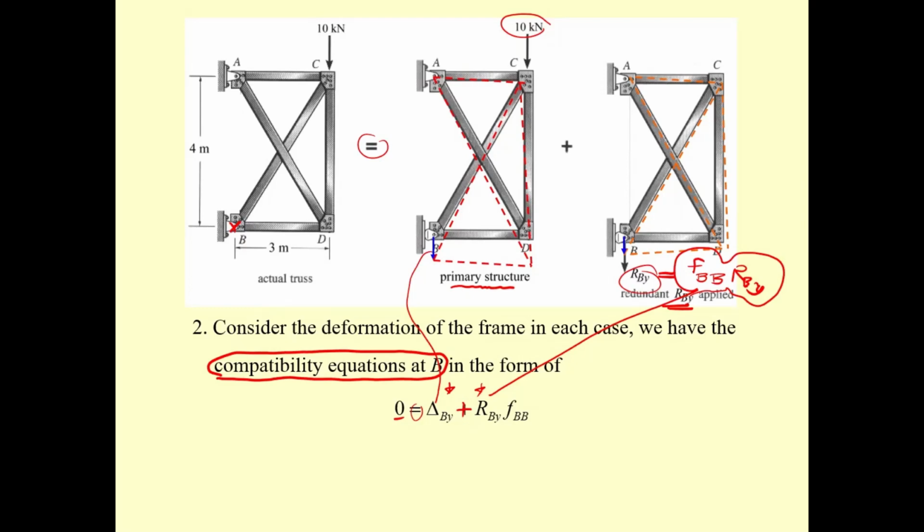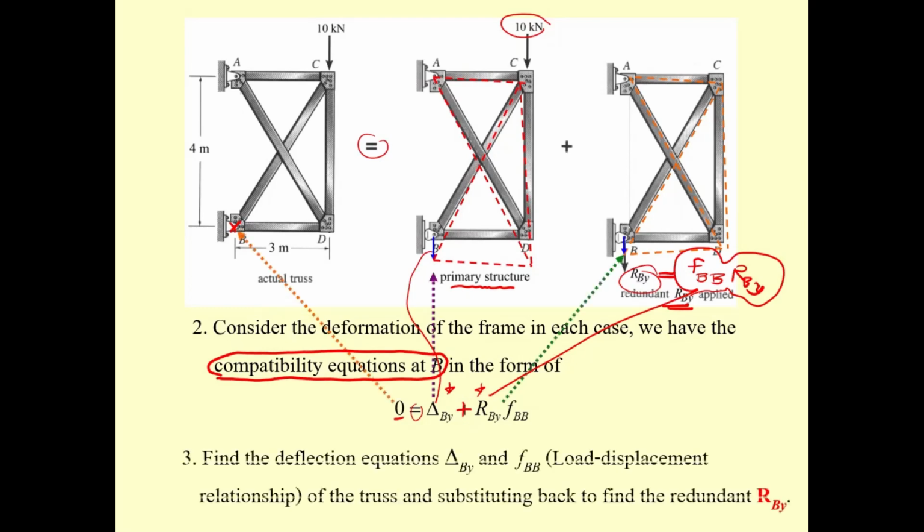Now your equation is R sub BY equals negative delta sub BY divided by F sub BB. Go back to chapter 7 to determine the displacements.